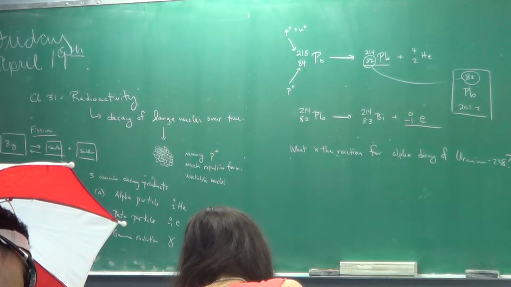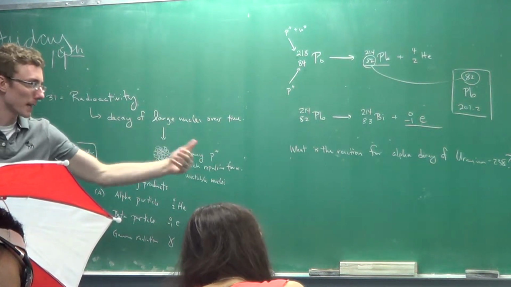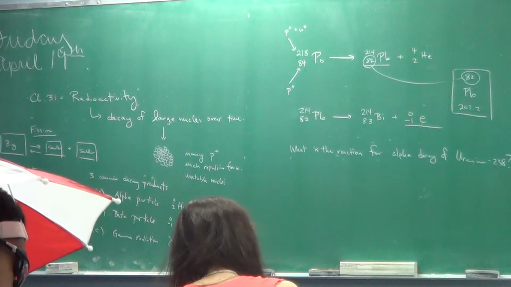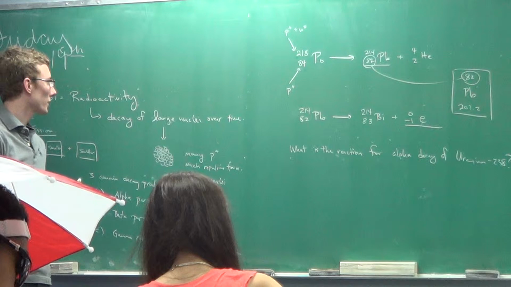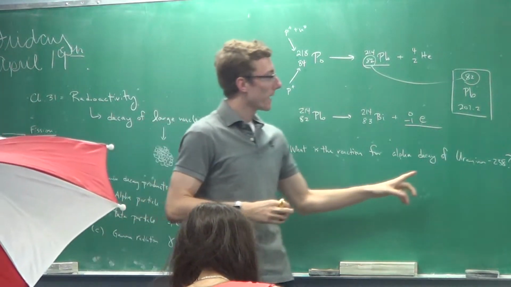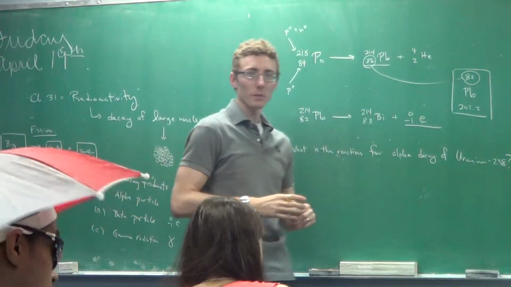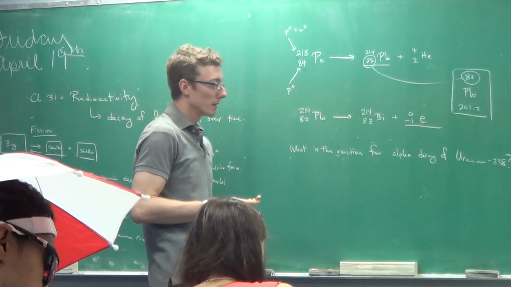So in this case, I would be telling you that there's alpha decay, that there's an alpha particle being given off from this nucleus as this nucleus starts to break down. And I'm also telling you that the thing that you start with is uranium-238.